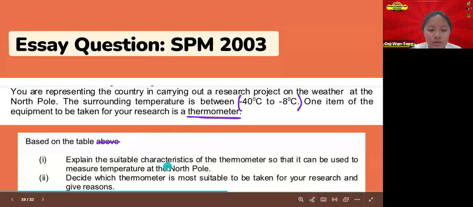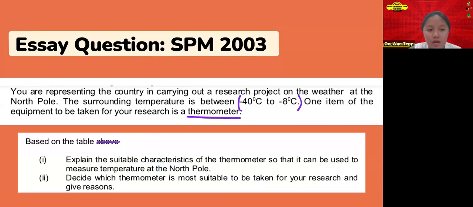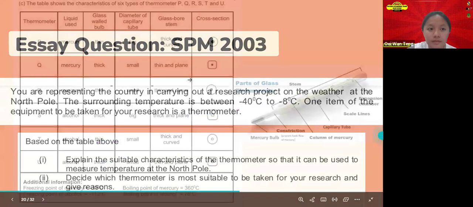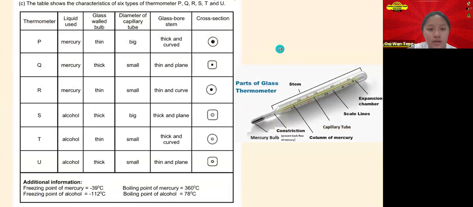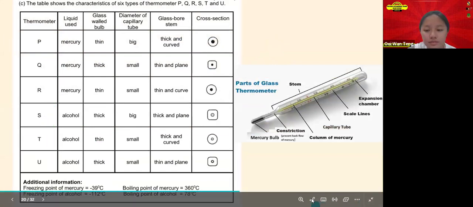So we need to choose the most suitable thermometer that can function well at an extremely cold place. So let's see. The table shows the characteristics of 6 types of thermometer: P, Q, R, S, T, and U.